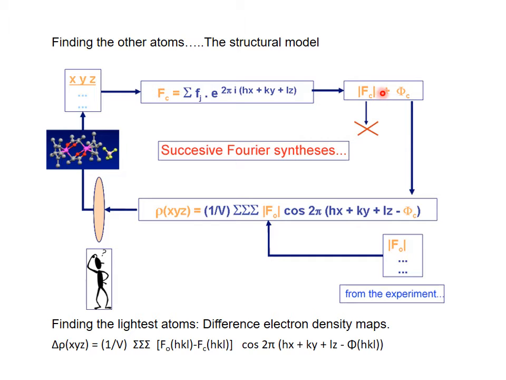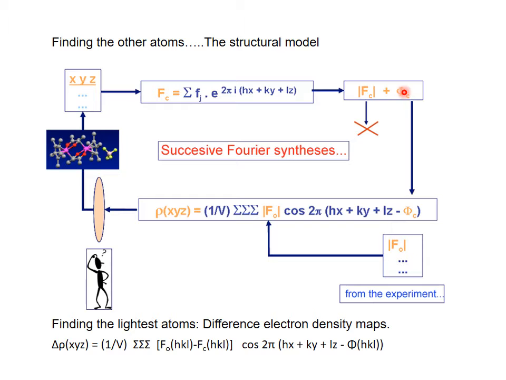But we can use the phase. This phase is still pretty much a rough phase because it has been calculated only from one atom, but it's still better than not knowing the phase at all. And just from the X-ray diffraction experiment, you do not know the phase at all because you cannot measure the phase.